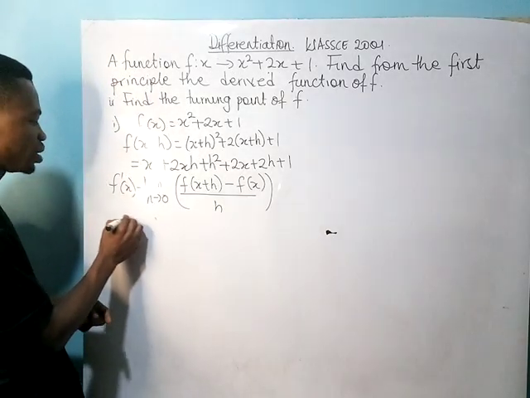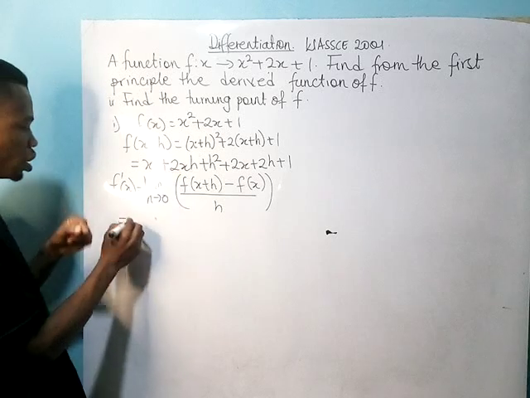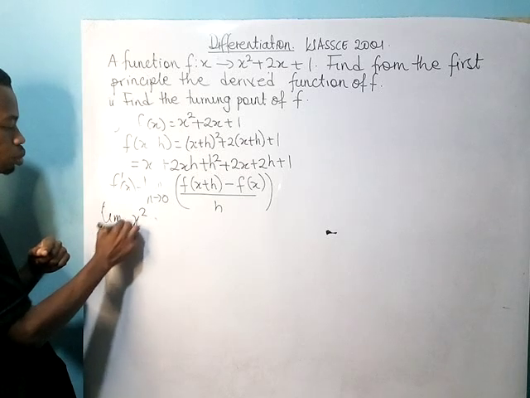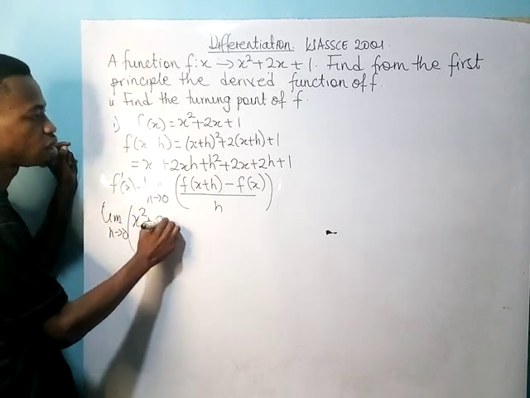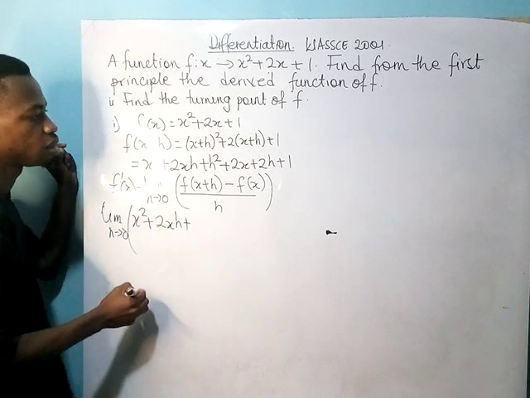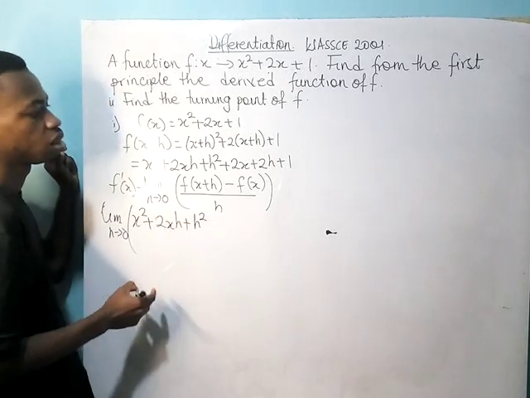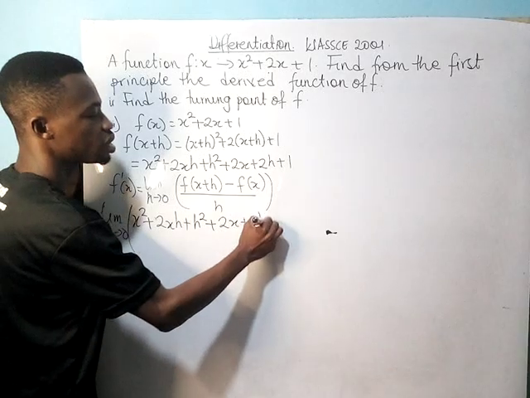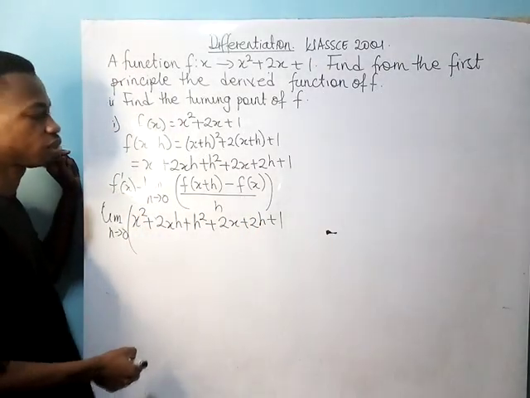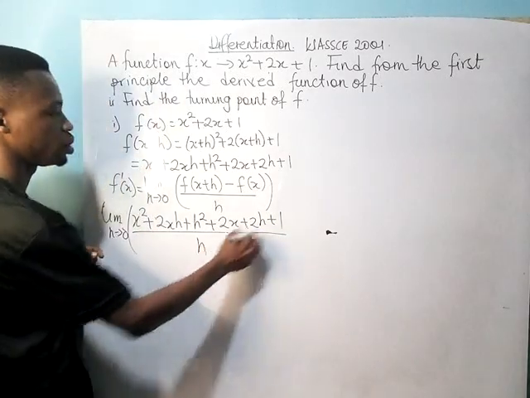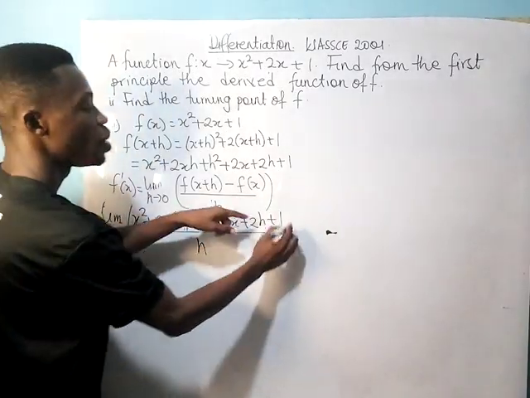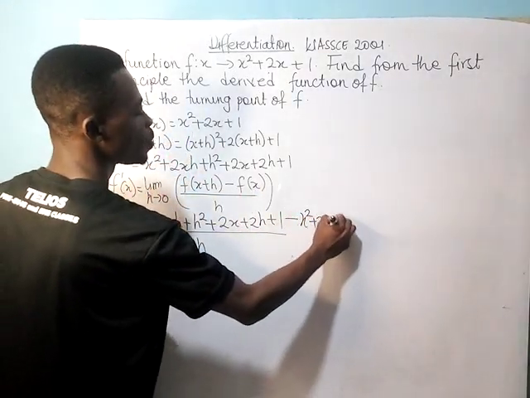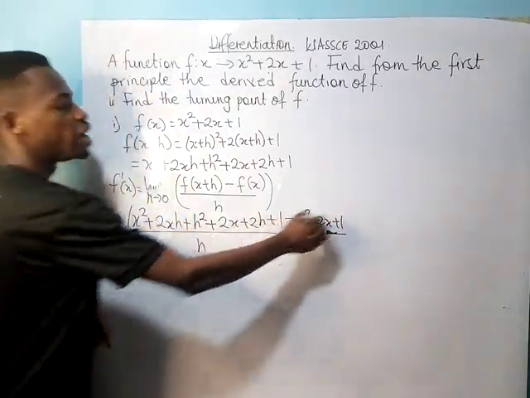So we are going to have this x squared plus 2xh plus h squared plus 2x plus 2h plus 1, minus the f of x, which is x squared plus 2x plus 1, all over h.